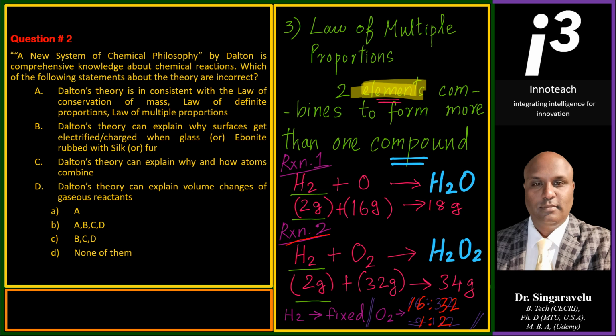When two elements combine to form more than one compound, in the first one it is H2O, water, and in the second one it is hydrogen peroxide. When it forms more than one compound, the mass ratio of the second element, the one that is varied, will be in a simple integer ratio, like 16 is to 32, which is 1 is to 2. That is what the law of multiple proportions says.